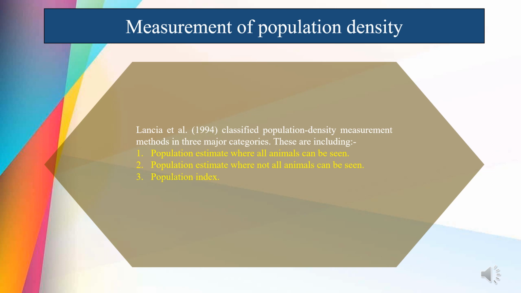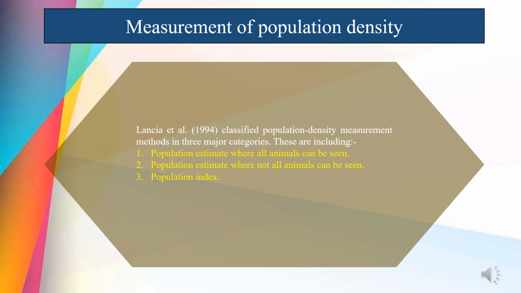A commonly used mark recapture method is the Lincoln index, in which an equation is used to obtain the population estimate: population estimate divided by the number of animals captured and marked in sample S1 at time t1 is equal to the number of animals captured in sample S2 at time t2 divided by the number of marked animals found in sample S2 at time t2.